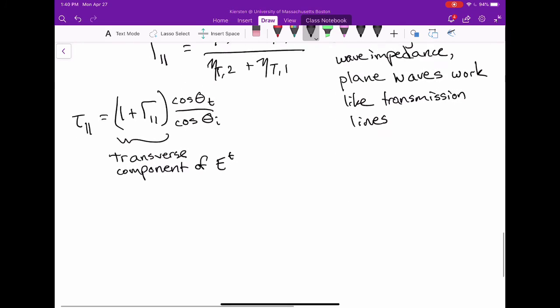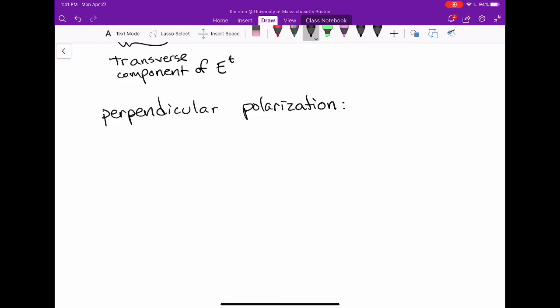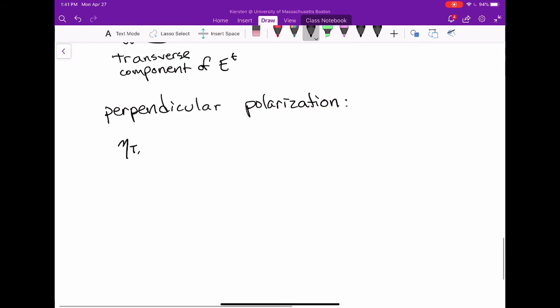In the same way, we can use a transverse wave impedance for the perpendicular polarization. We're going to define the transverse wave impedances first.